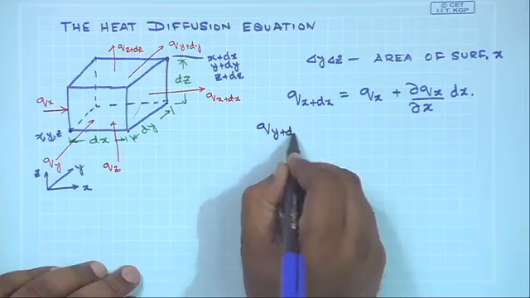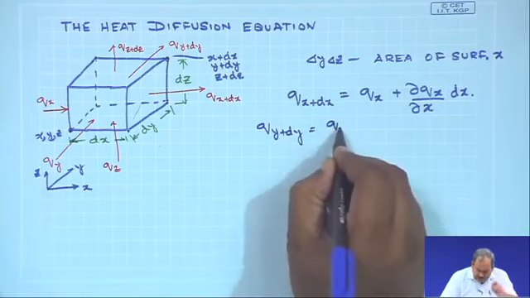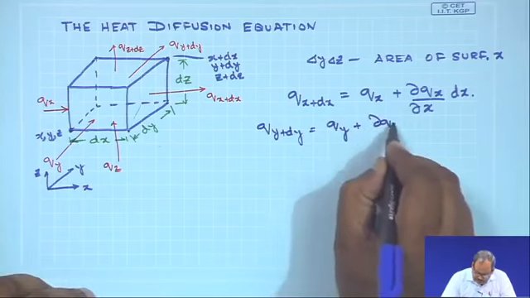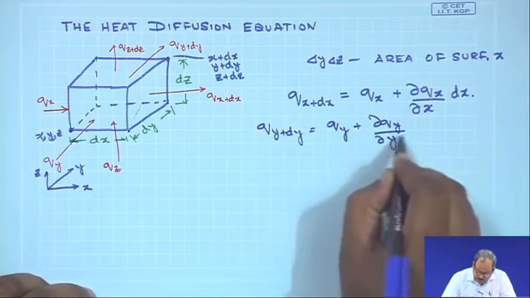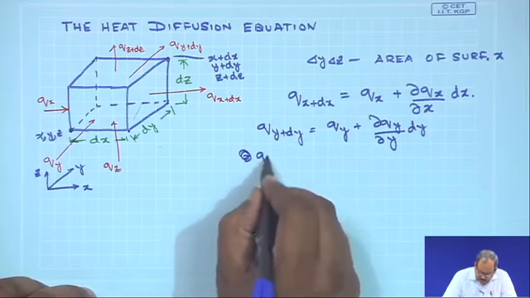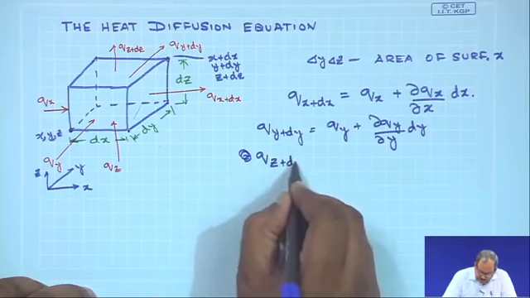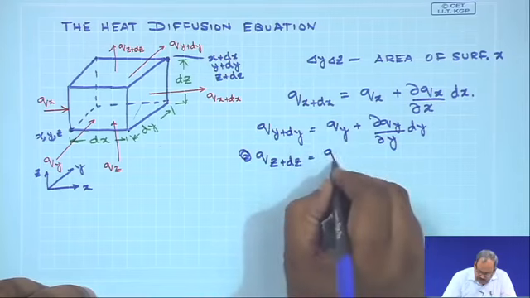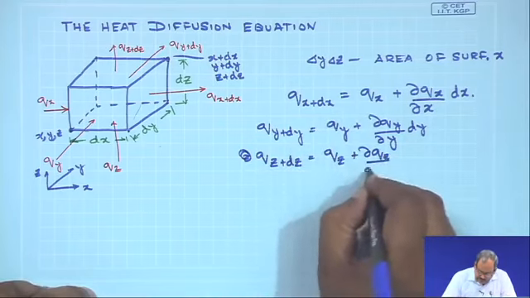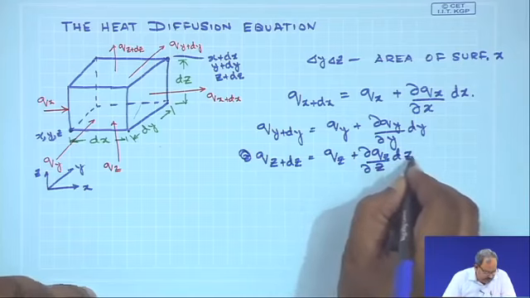So, let me write that and then I am going to write the conservation equation. Your qy plus dy would simply be written, using the Taylor series expansion, and qz plus dz would be equal to qz plus del qz by del z times dz.